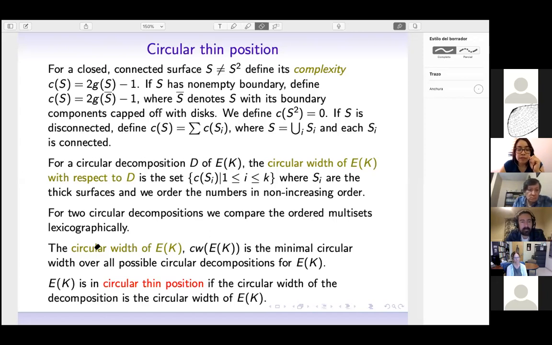We define the circular width of the exterior of K as the minimal circular width over all possible circular decompositions of the exterior of K. And we say that the exterior of K is in circular thin position when the circular width of the decomposition is the circular width of the exterior of K.